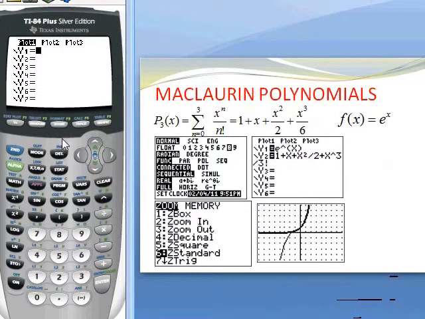So let's enter e to the x right here. This is my function itself.